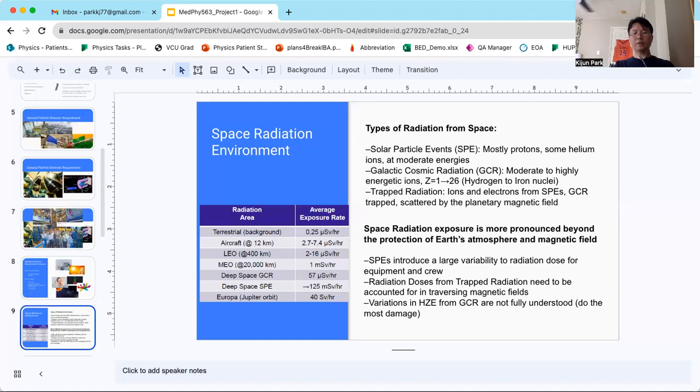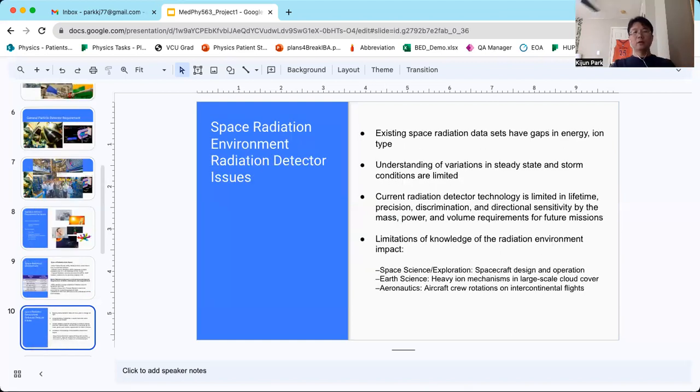This kind of variation of the GCR is not fully understood. That's why we need to develop different types of detectors to understand the distribution of the radiation dose.